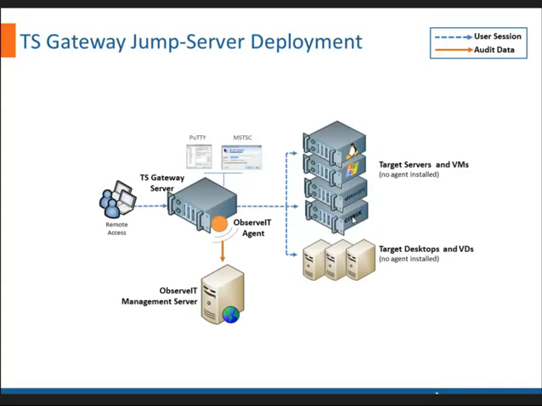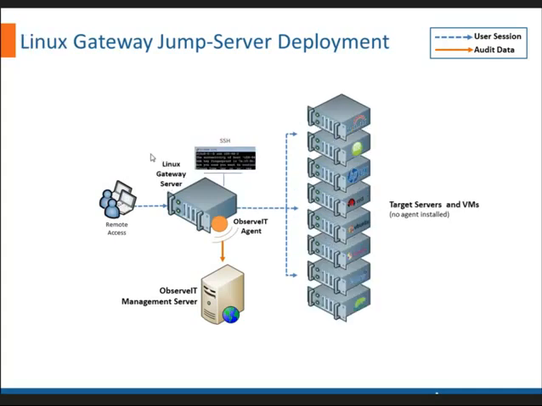So in that situation, you wouldn't have agents on the actual target machines, but you would still be able to record and audit everything that the user is doing going through that gateway. And this, by the way, is true whether via a terminal server gateway or a Linux gateway.